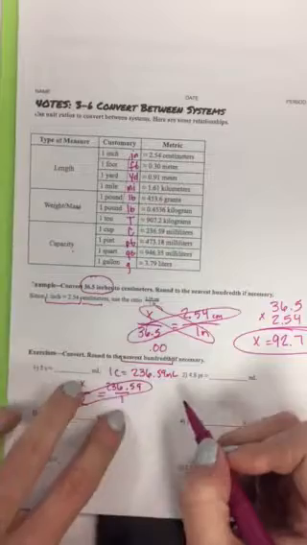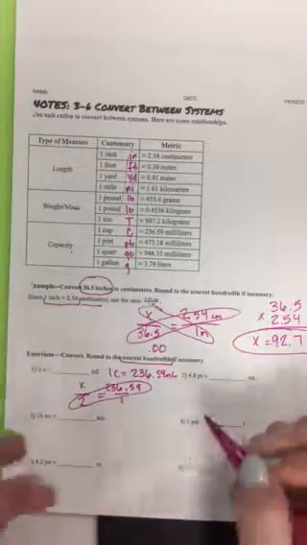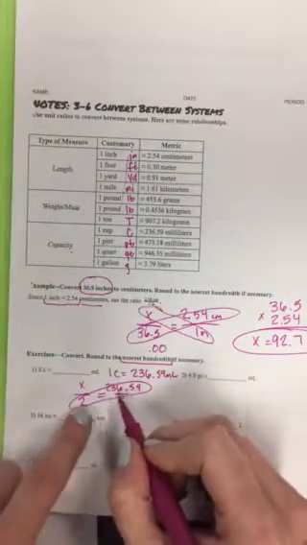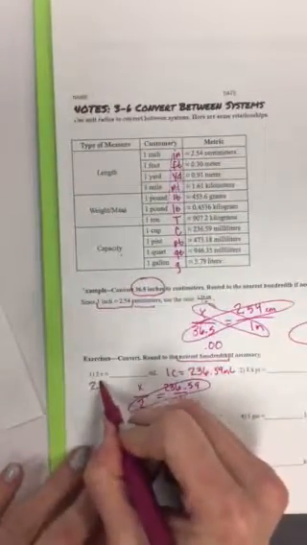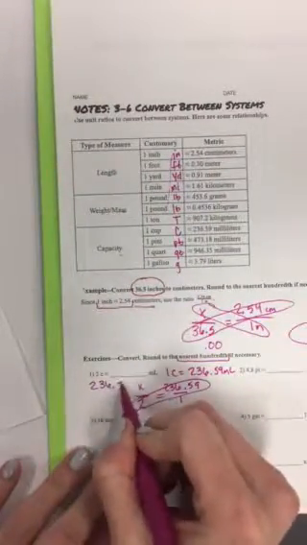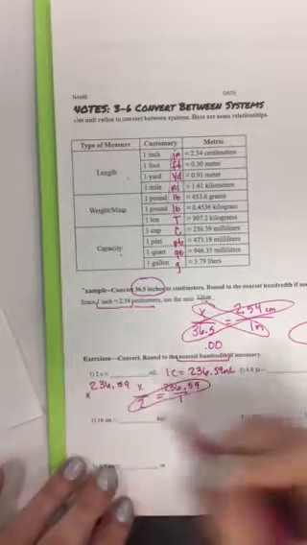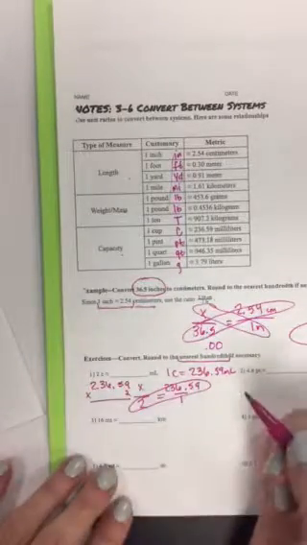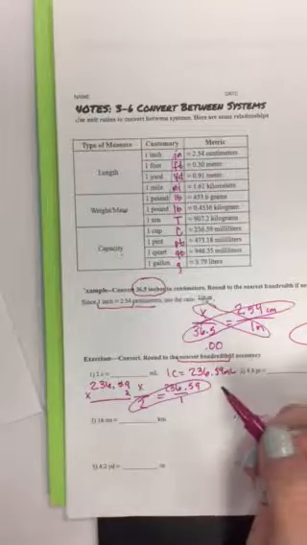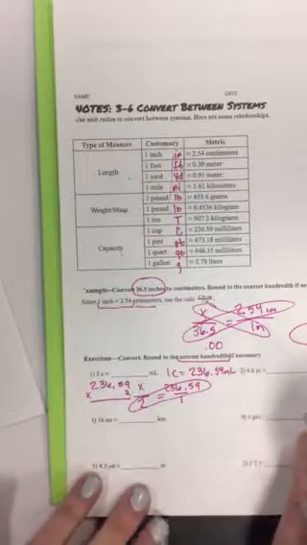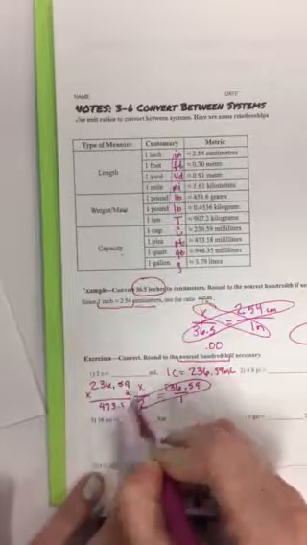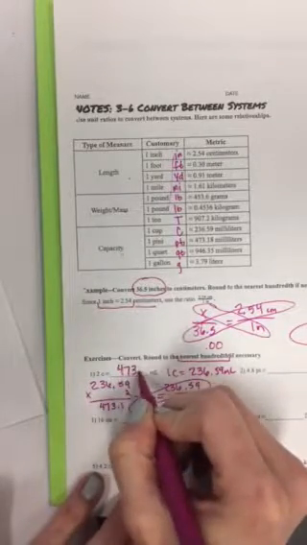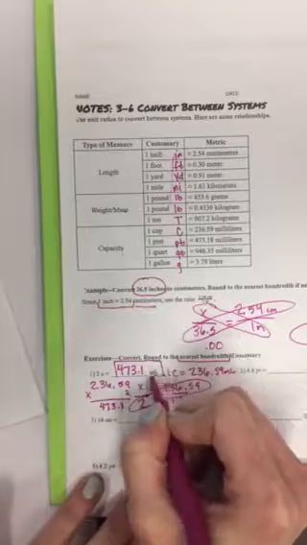You could go through and write your equation and you would divide by 1, but kind of unnecessary. You just need to multiply these two numbers. So 236.59 times 2. And again, it's a big number. I'm going to skip ahead, and it's going to give us 473.1 milliliters.